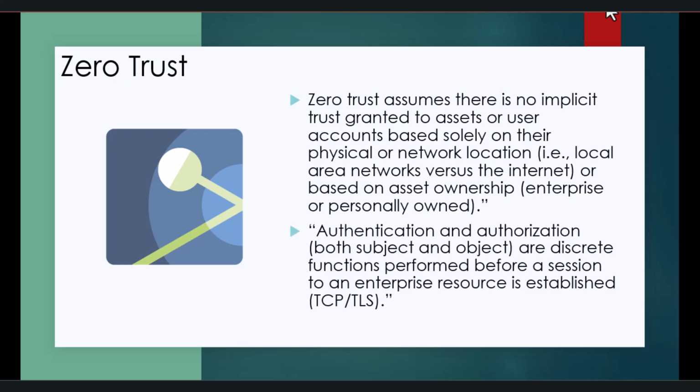Also, authentication and authorization, both subject and object, are discrete functions performed before a session to an enterprise resource is established. So one thing we see going away in Zero Trust is anything that uses the TCP three-way handshake. Because with the three-way handshake, you're making a connection before you're authenticated and authorized.